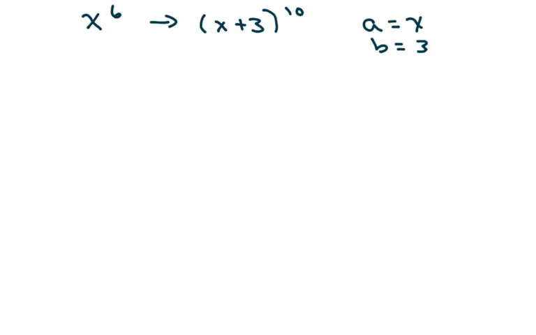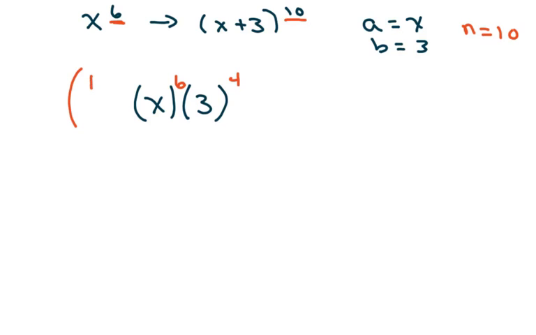So what you would do is you're going to write your x and your 3. Now, we want the 6th term here. So I'm going to put 6 here. And I know that our total terms, our n, is 10. So this must be 4. And therefore we have 10, 4.